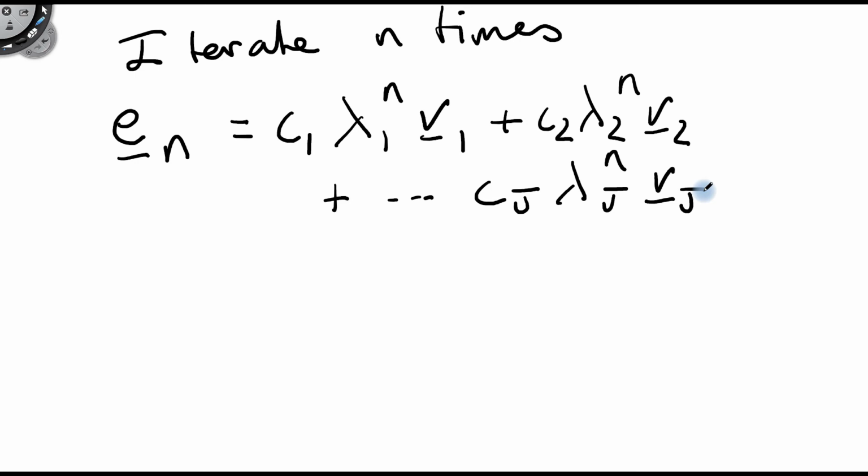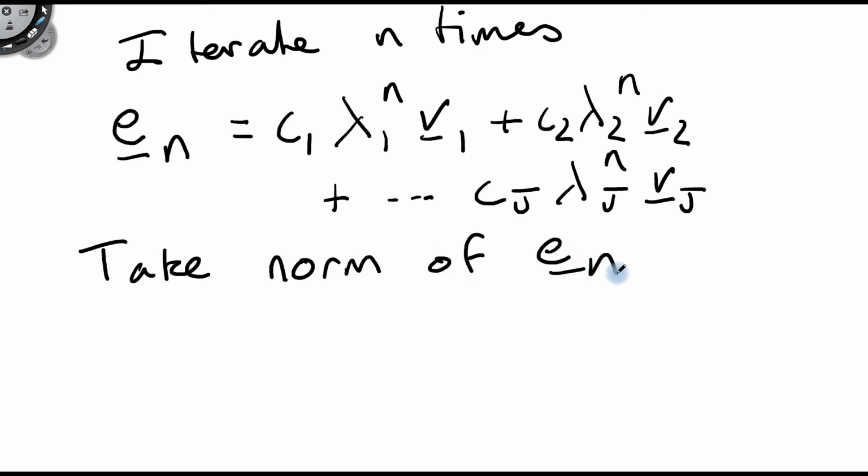Now, of course, we're interested in the error going to 0, but the robust way to pose that, as before, is to use norms. So we take the norm of En, and we know these eigenvectors have been set up to be unit length.